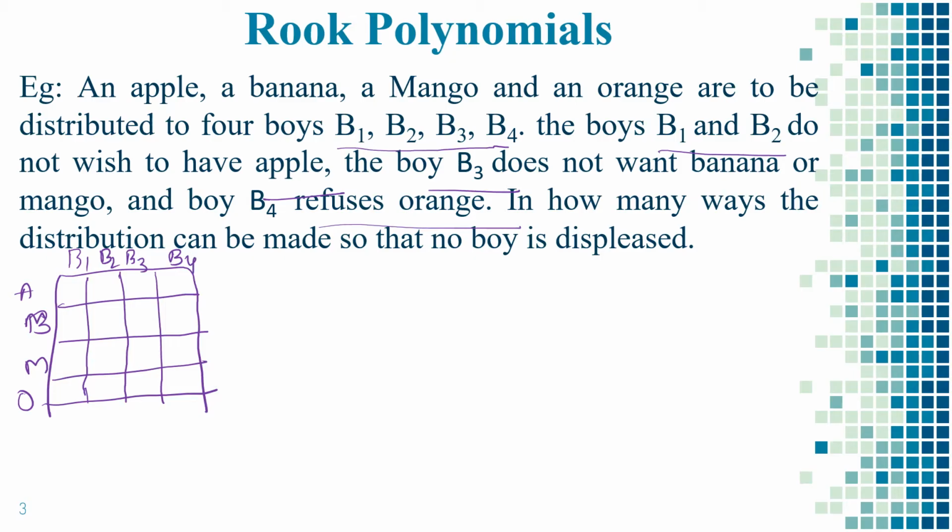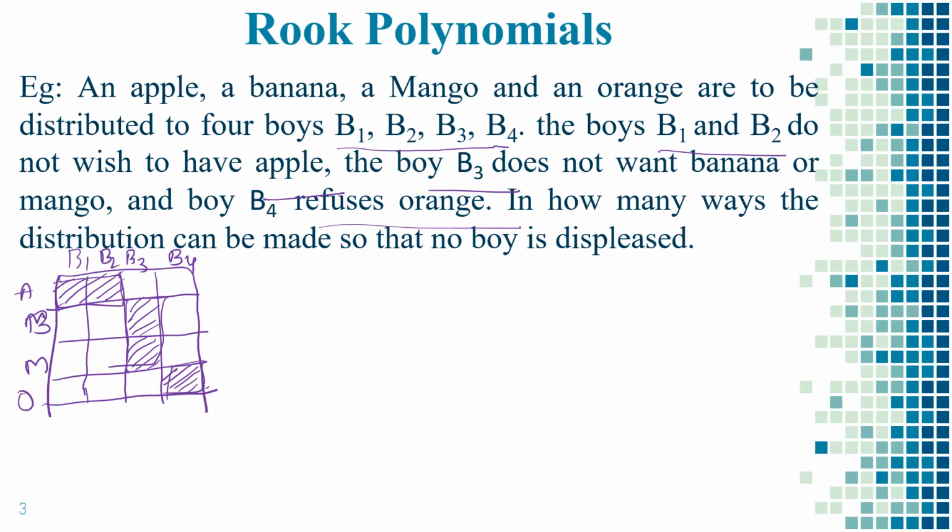So according to the question, boys B1 and B2 do not wish to have apple, so shade that part. They don't want to have the apple, so that is the forbidden position. And boy B3 does not wish to have both banana and mango, so both are shaded, and boy B4 does not want to have the orange. So if you observe the board, this board consists of 3 disjoint subboards: this is C1, here it is C2, and finally it is C3.